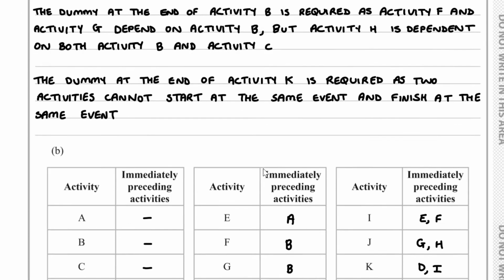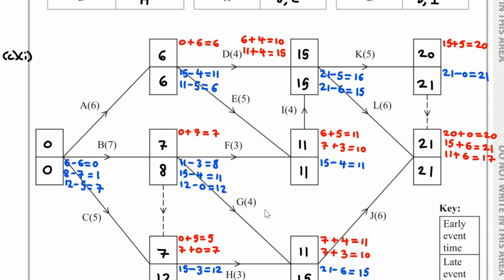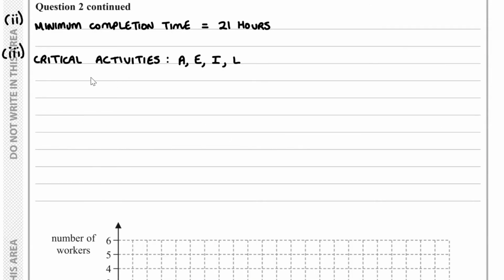So if we go back to diagram 1, we're looking for the activities with 0 float. You can see A has 0 float, E has 0 float, I has 0 float, and L has 0 float. So for the critical activities, we have A, E, I, and L.